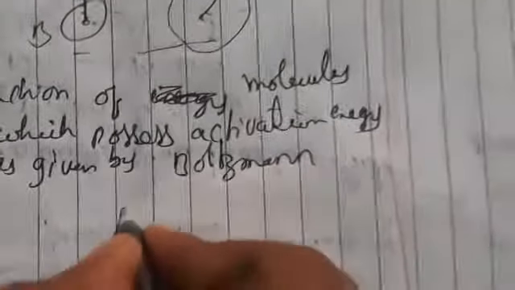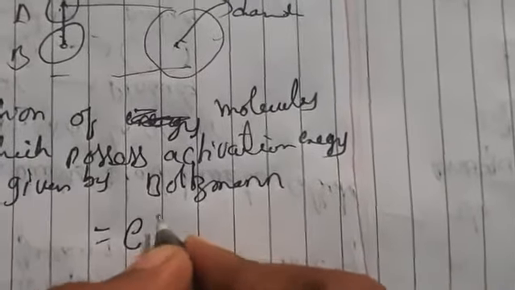So here it is equal to e to the power minus Ea by RT.